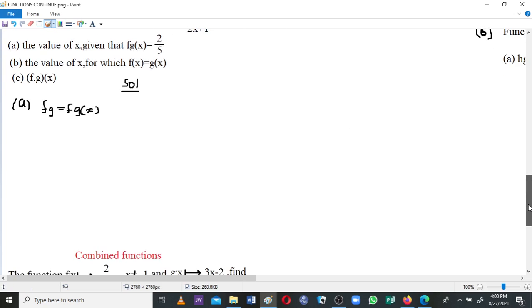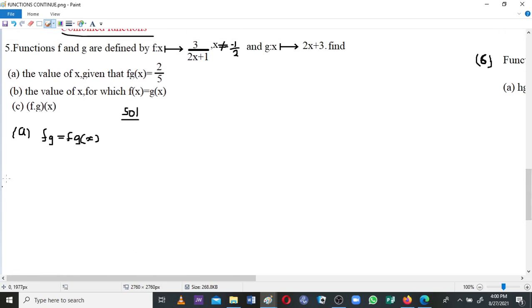Now what do we do here? We have fg. This fg will be equal to, look at the function f. The function f is 3 over 2x plus 1. Now we're going to substitute the function gx, which is 2x plus 3, into 3 over 2x plus 1.